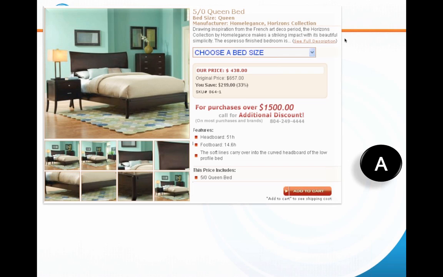And just in general, that specific furniture vertical is quite difficult, just because it is kind of a larger purchase from the customer's perspective. So what we did with this particular company was we wanted to make sure that we simplified the way that the information was actually presented.